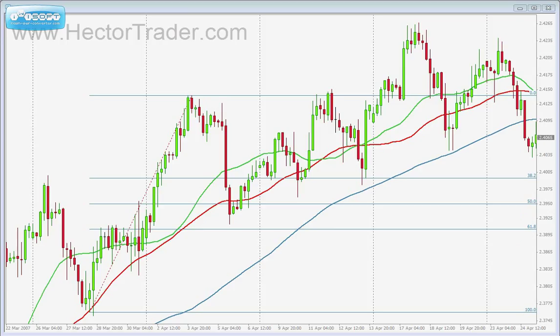Just as you can see here, the 50% Fibonacci, sure, we had a quick pierce below, but immediately after we shot to the upside once again. That's all right, but this is not all right anymore.